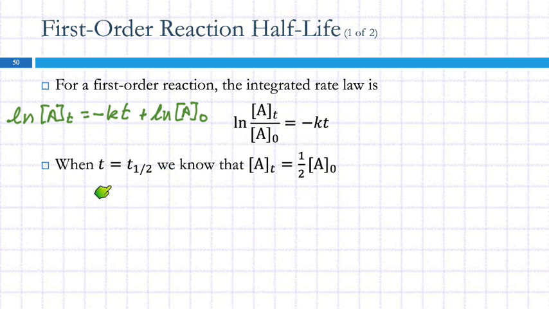So looking at this, when t is equal to t1/2, we know that A at t equals half of A0. So we can plug that in. Up here for A at t, I'm going to plug in 1/2 of A0. The denominator is A0, and that is equal to negative k times t1/2.